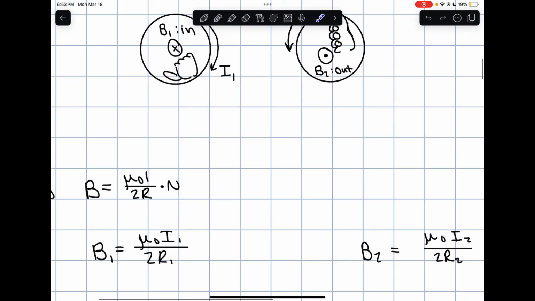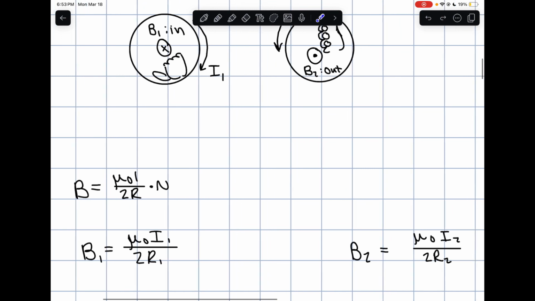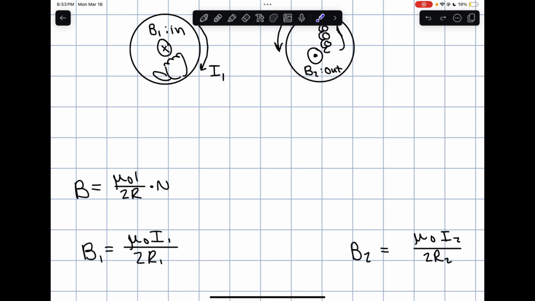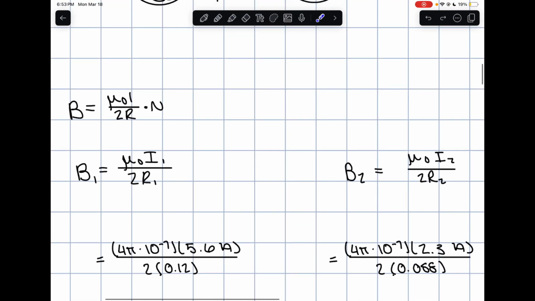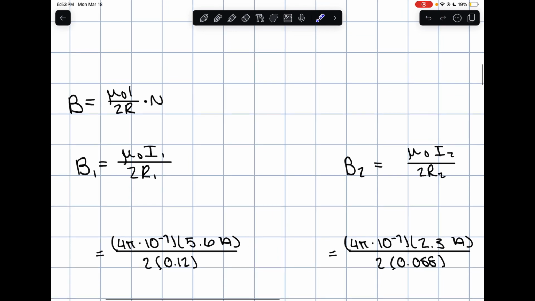From there, we can write an equation for both B1 and B2. For B1, we have mu naught times current 1 over 2 times radius 1. And for B2, we have mu naught times current 2 over 2 times radius 2. We can then plug in our given currents and our given distances, or radii, along with the constant mu naught for both B1 and B2.